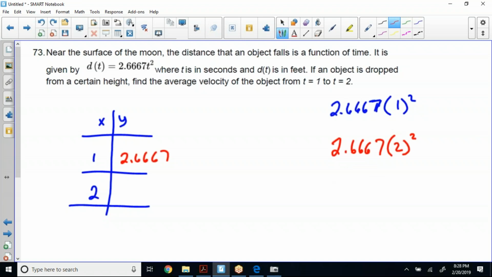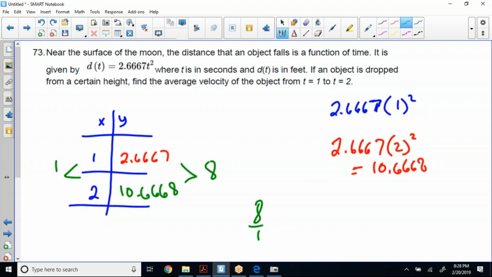Yeah, there it is. So that's going to give me 10.6668. I put that here. From 2.667 to 10.6668, you might as well just go ahead and say that's 8, and this is 1.